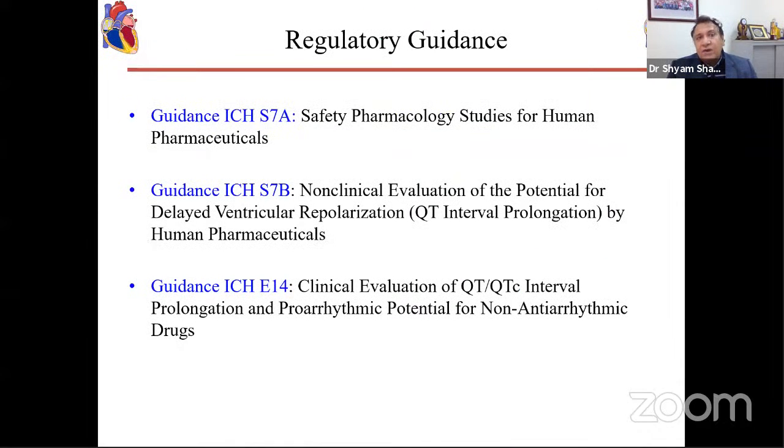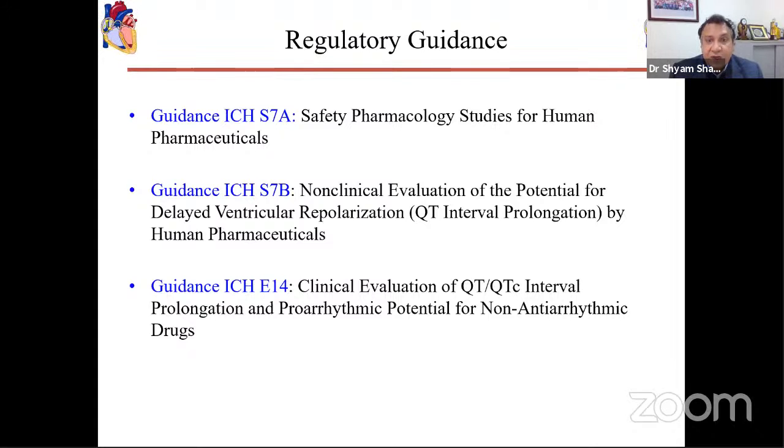I'll talk about the regulatory guidance which came through ICH S7A and S7B. The S7A safety guideline covers safety pharmacology studies for human pharmaceuticals, and particularly for QT prolongation, because that's a major issue and deaths were reported in some patients.